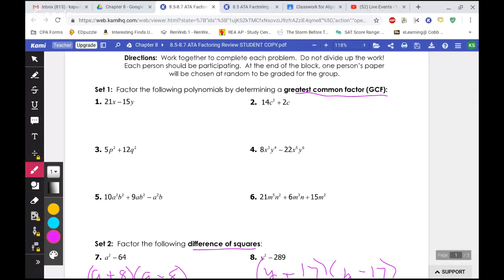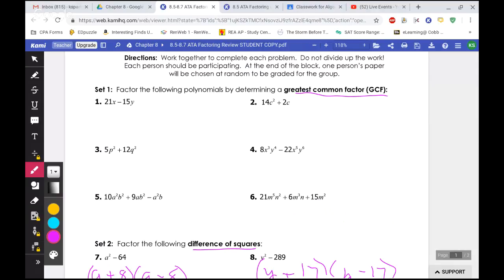Okay, so they all have an M in common. What is the smallest exponent on the M's? Anybody tell me on number 6? M squared. Good job. It's M squared.